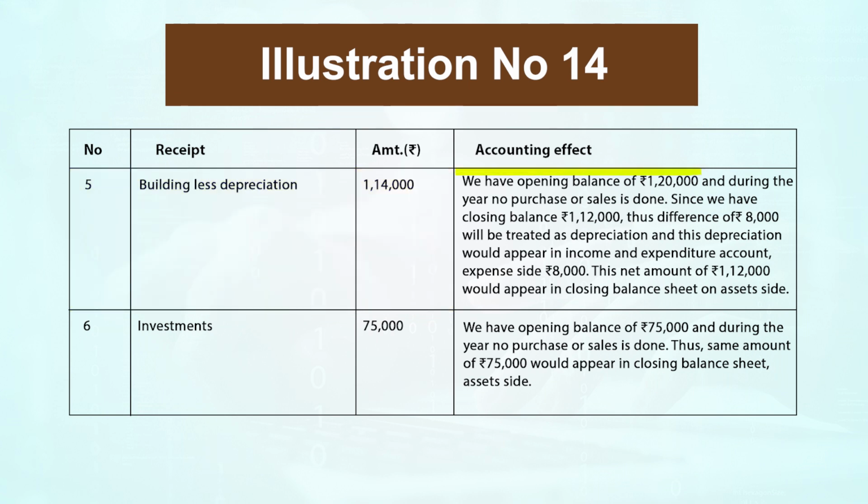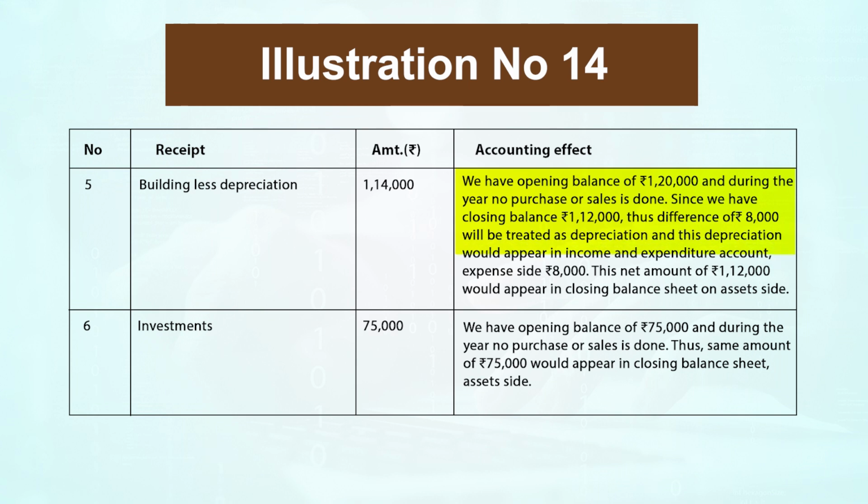We have opening balance of rupees 1,20,000 and during the year no purchase or sale is done. Since we have closing balance of rupees 1,12,000, thus difference of rupees 8,000 will be treated as depreciation.